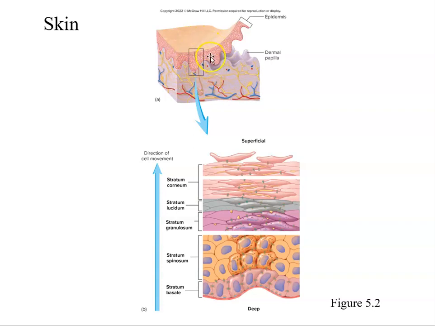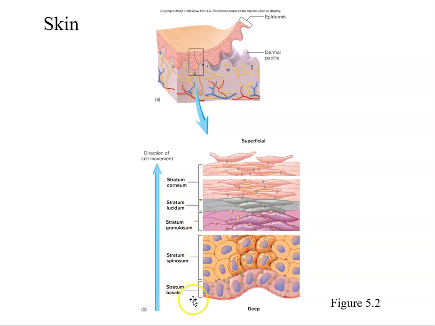Zooming into the epidermis, we can see these layers that make up the epithelial tissue here. And we'll talk about this here in a second, but the process by which the epidermis is produced creates these distinct layers or strata.